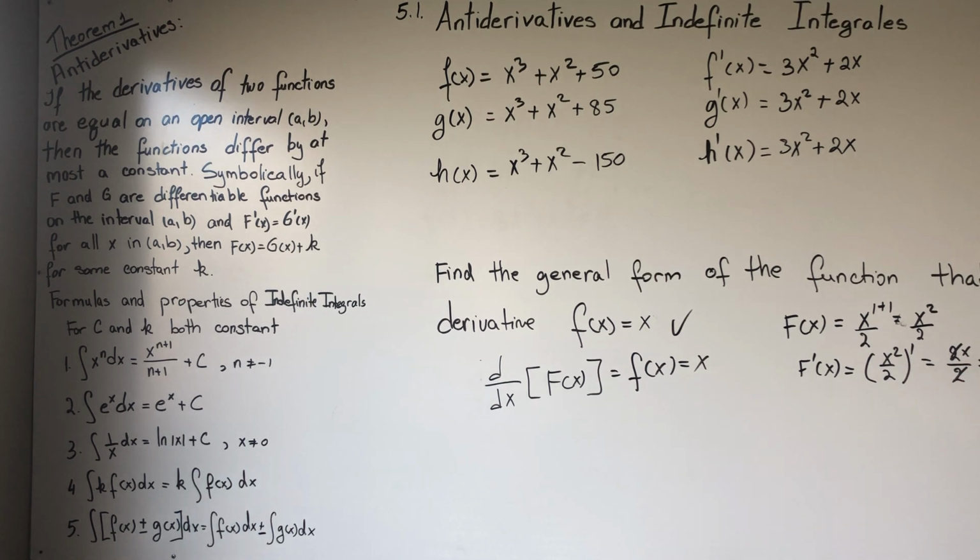So what should I do to show that? I have to say that I can have any constant there, and that will not change the derivative, and then I'll have the same derivative.